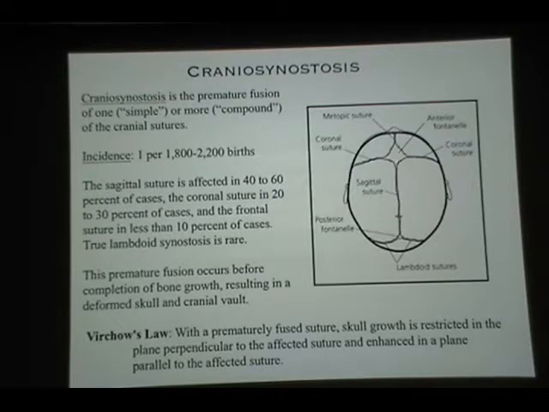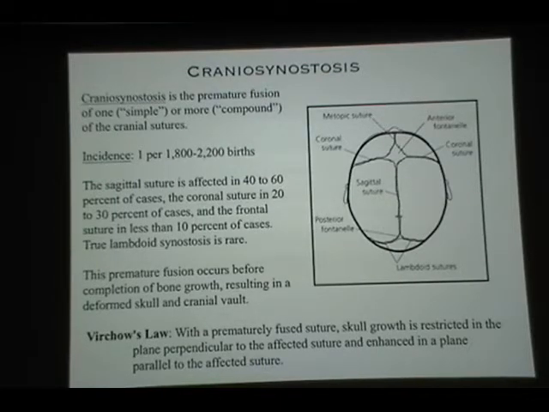If they fuse, the brain will continue to grow, but it will start deforming the skull. The brain will continue to form, and the skull will respond to that growth. So in craniosynostosis, if one of these sutures fuses too quickly, the other flat bones have to compensate for that brain growth, and they will grow abnormally.